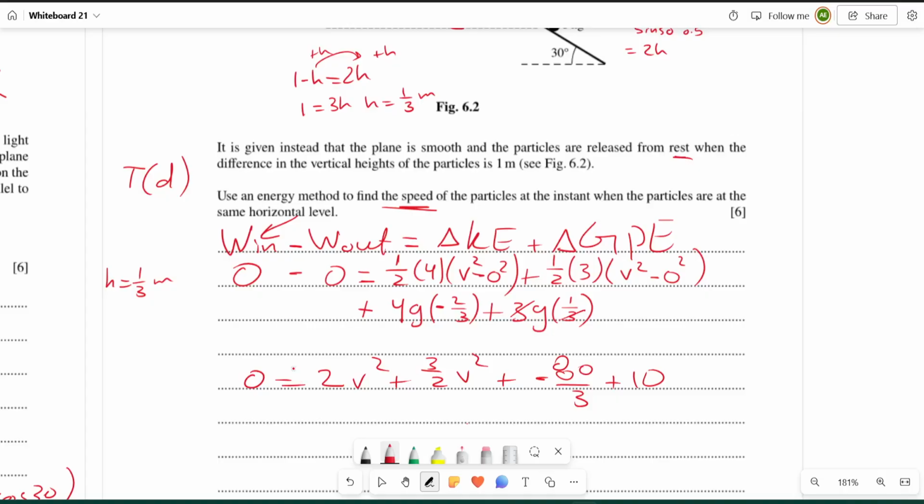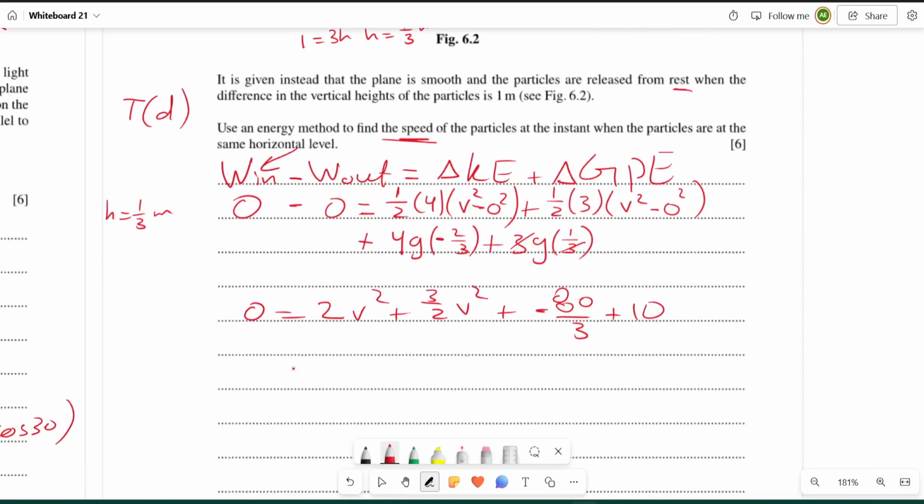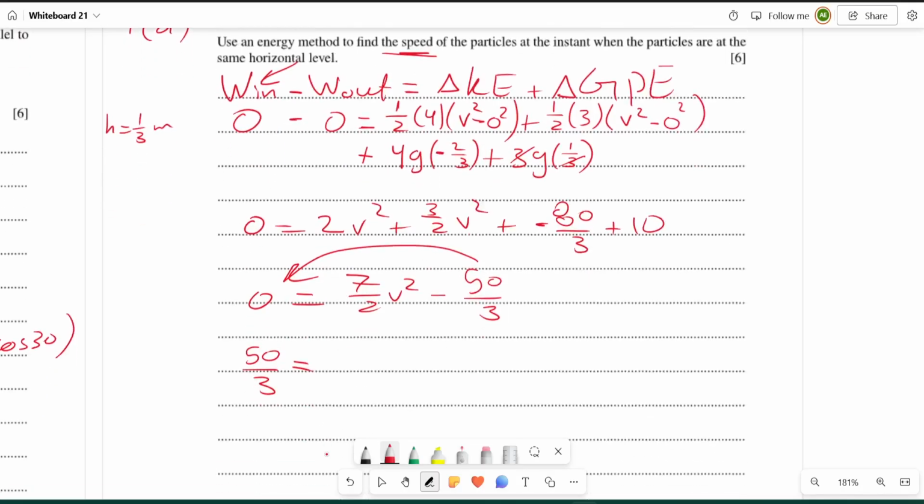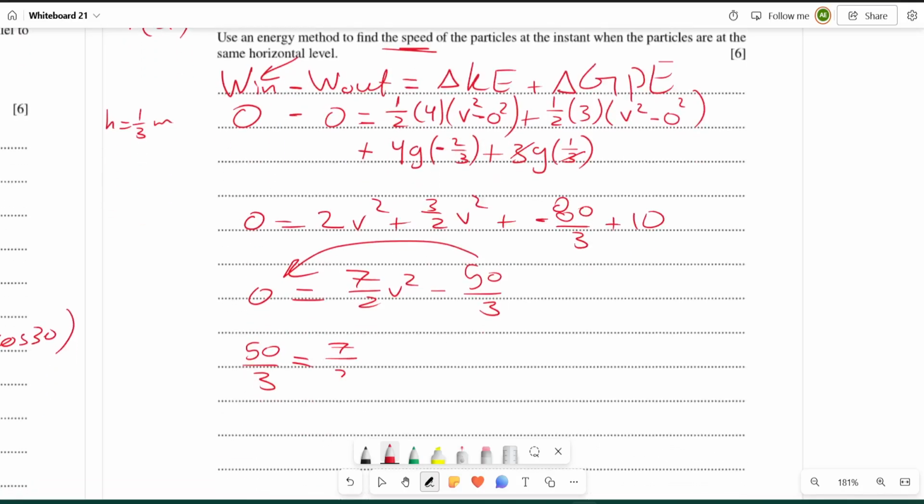So I'm going to have here 2 plus 3 over 2, that's 7 over 2 v squared, and 0 equals minus 80 over 3 plus 10, which is basically minus 50 over 3. So I'm going to move this to the other side, becomes 50 over 3 equals 7 over 2 v squared.